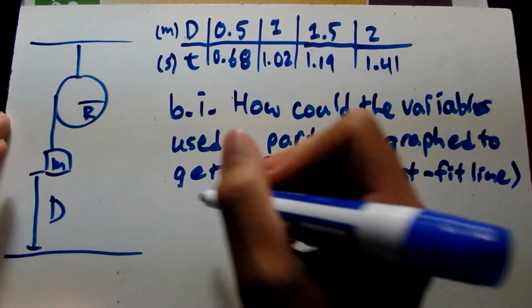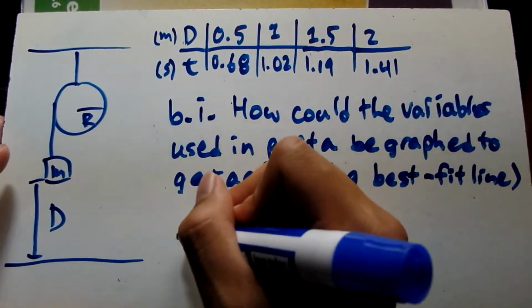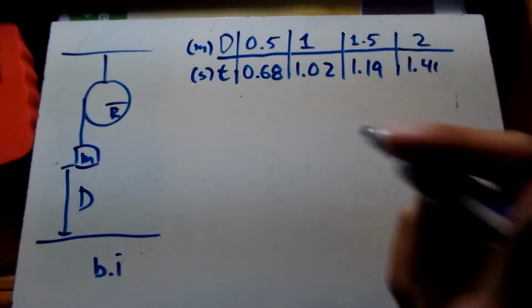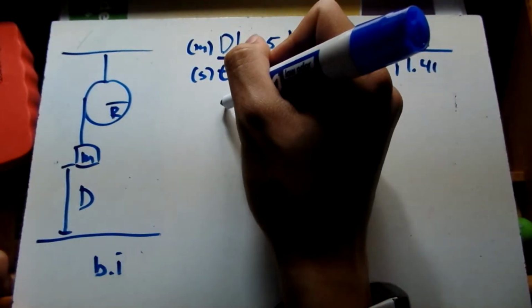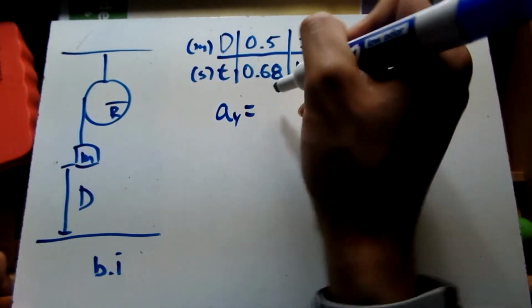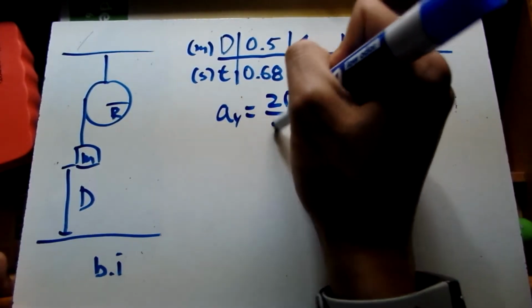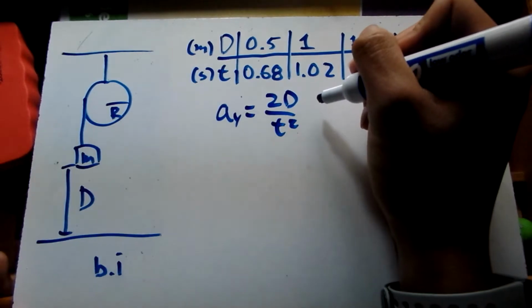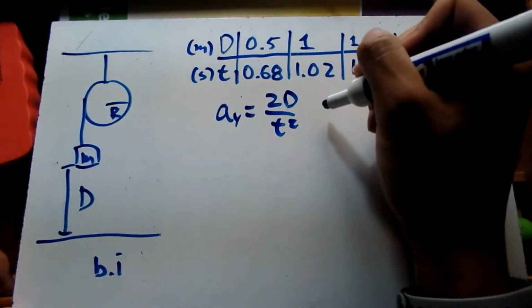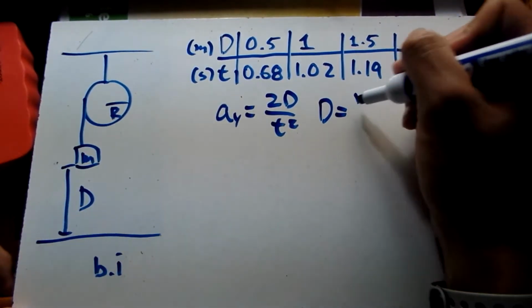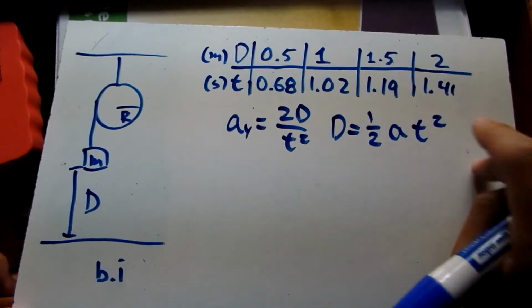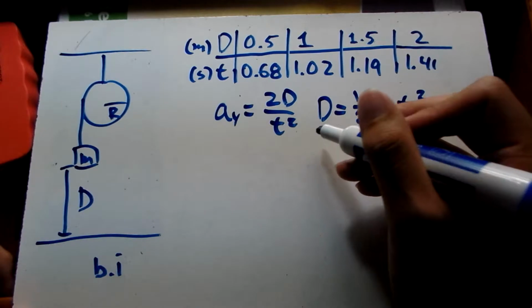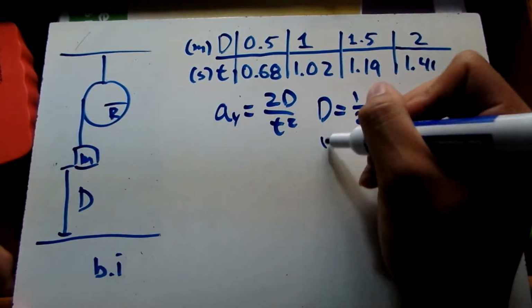This is asking us to get a linear trend. So we are going to need the equation we got in part A, which was a_y is equal to 2d over t squared. But let's use the earlier equation that we got, which was d is equal to 1/2 a t squared. Because if you notice, this is already in the y equals mx form.